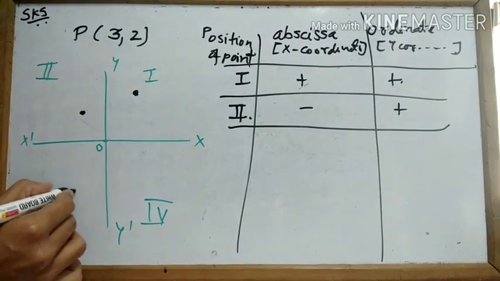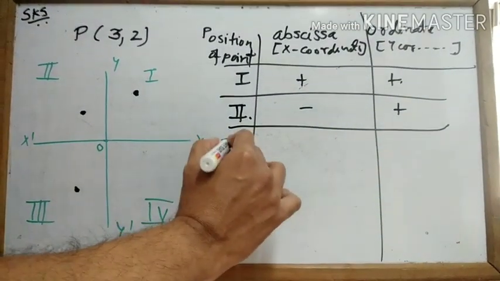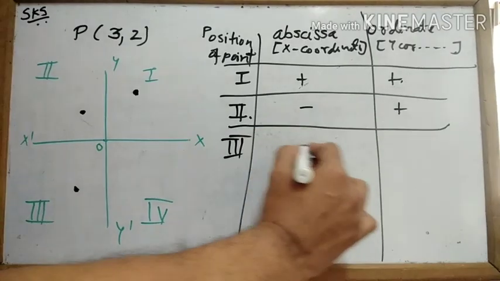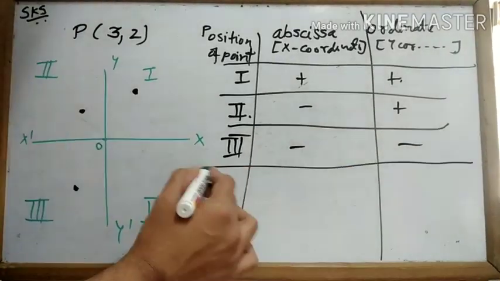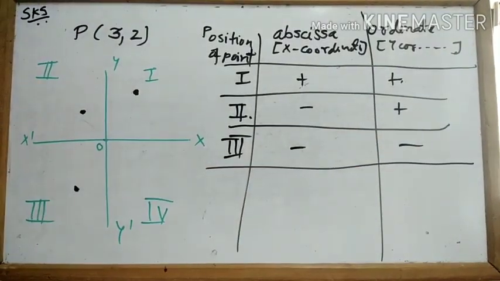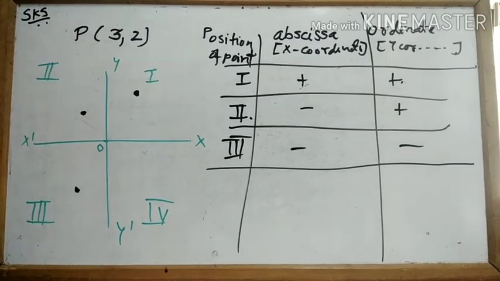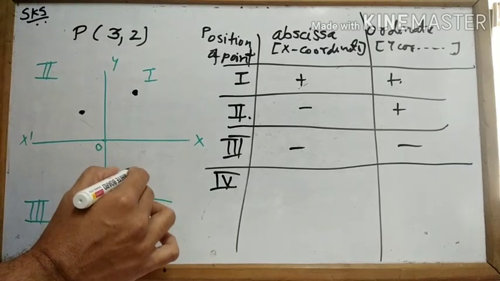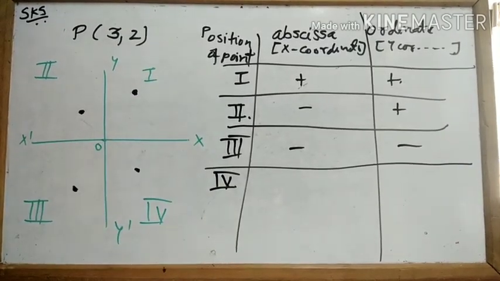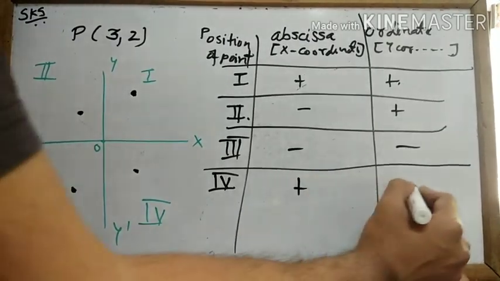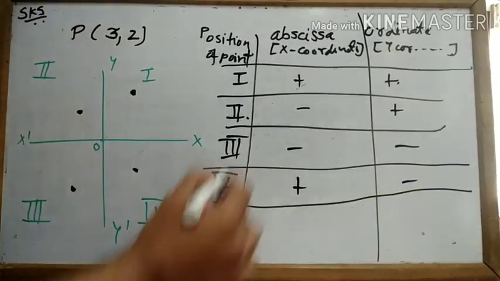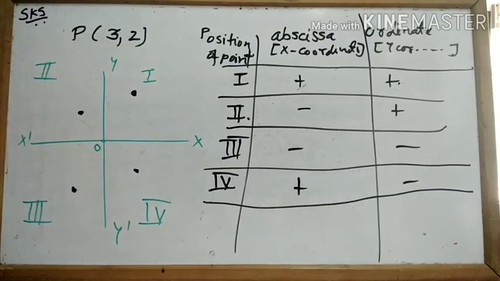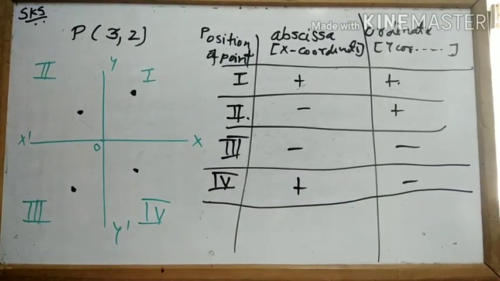If the point is in the third quadrant, then both its coordinates, that is abscissa as well as ordinate, will be negative. If the point is in the fourth quadrant, that means it can be anywhere over this region, then its x coordinate will be positive and y coordinate will be negative. The x coordinate is also called the abscissa and the y coordinate is also called the ordinate.